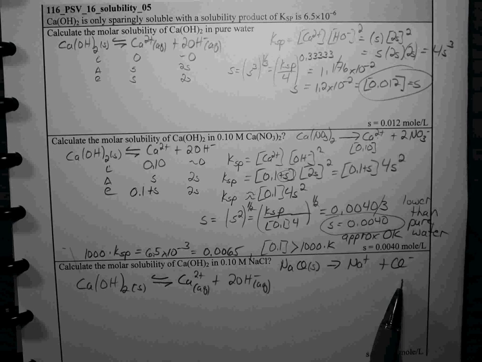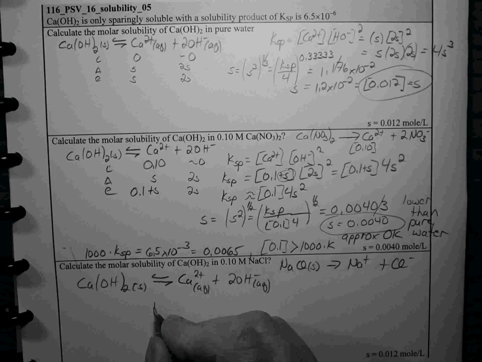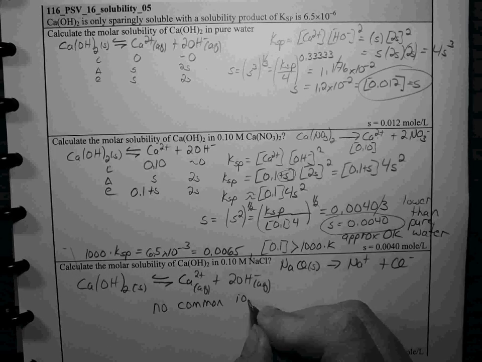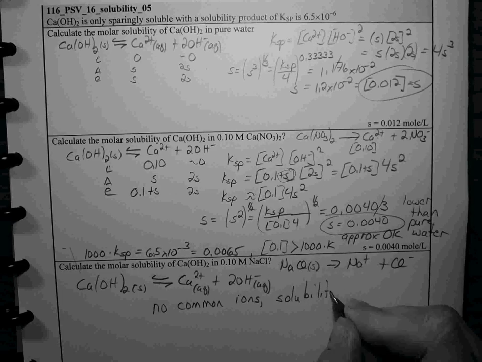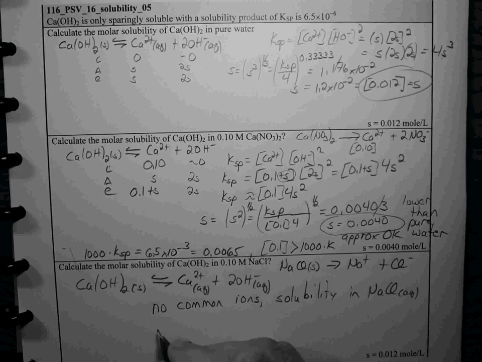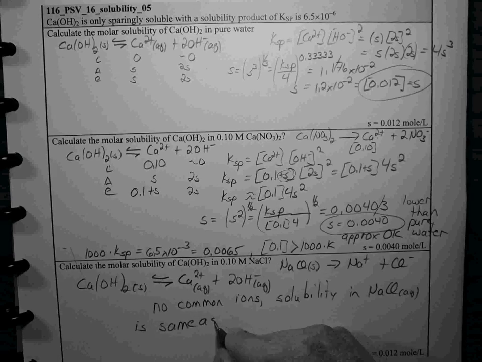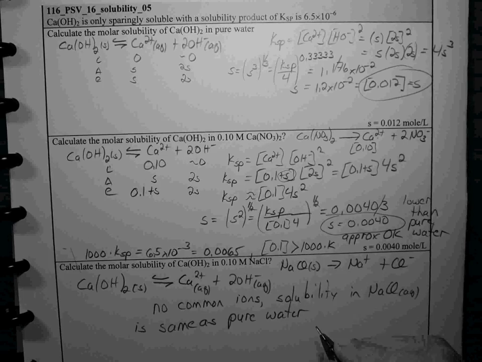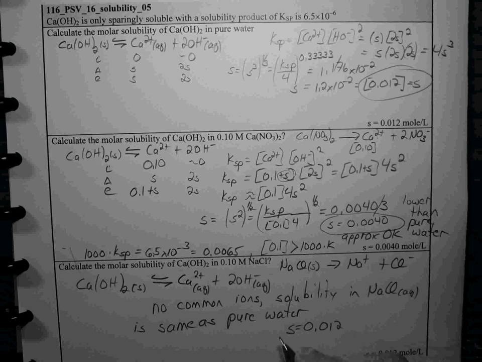Neither of these ions will react with water or participate in this equilibrium. So we have no common ions. The result is that the solubility in sodium chloride aqueous solution is the same as pure water, which is S was 0.012 moles per liter.